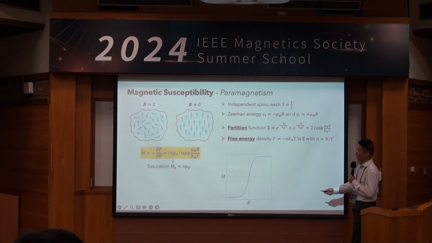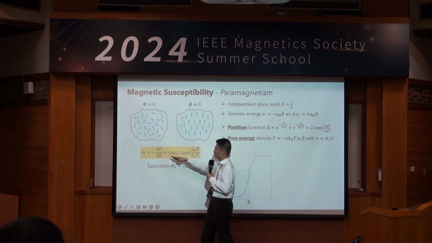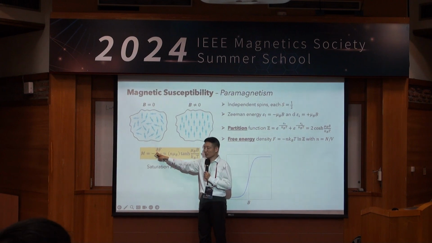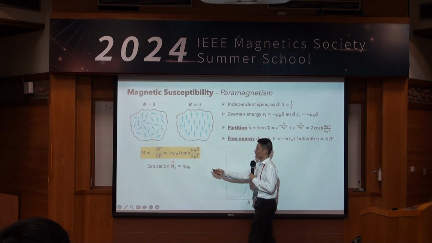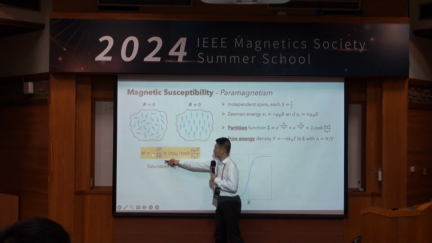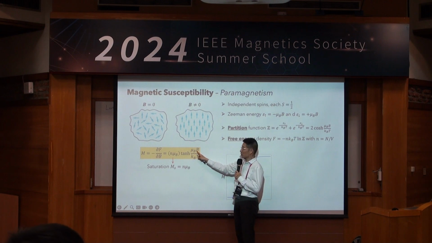So the magnetization is simply the derivative of that free energy density with respect to the field. And this is how the magnetization goes as a function of the applied magnetic field at a certain temperature.